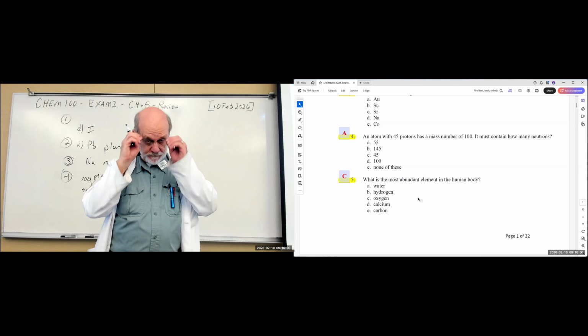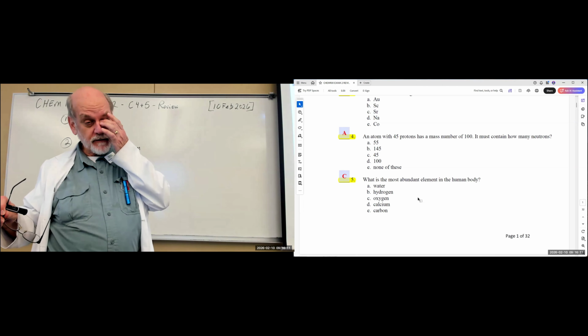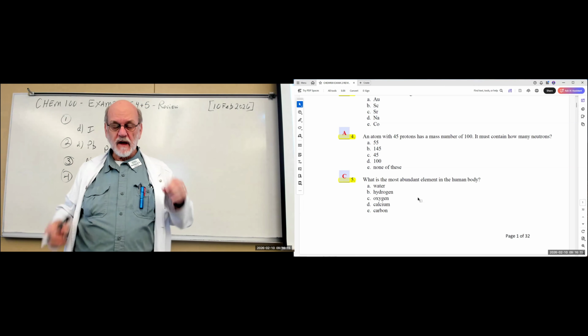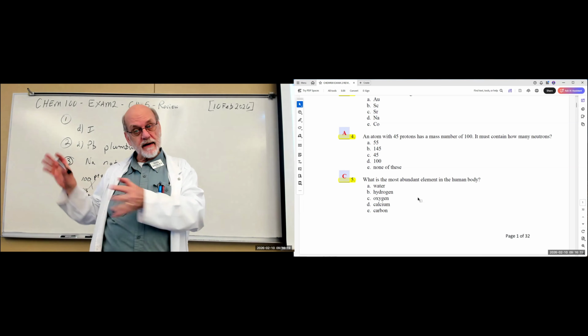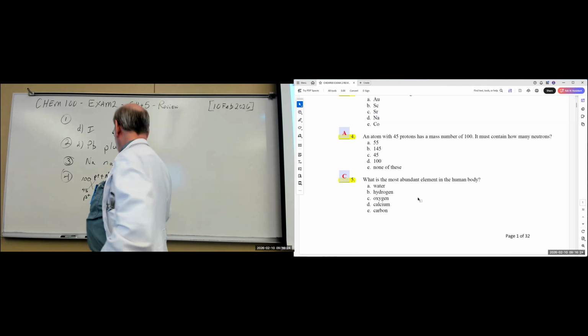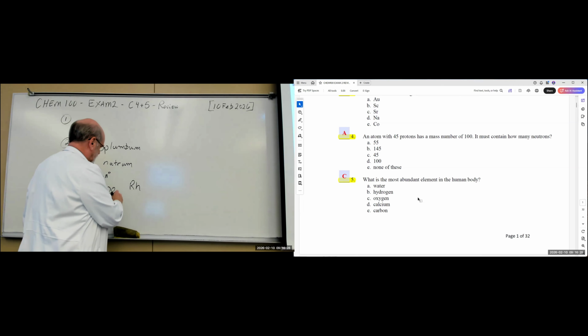Back to number 4. So we answered the question: it is 55 neutrons. Now, if you're curious, you can determine which element this is. All you need is the atomic number, which is 45. We go to the periodic table. We find 45 is ruthenium. Right?